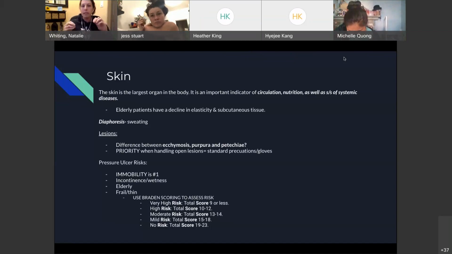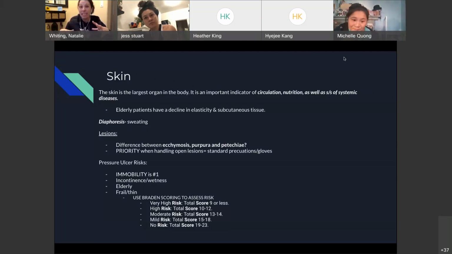Purpura is basically a leaking of the vessels, and this happens to elderly patients a lot. They'll start to get spots on them that are purplish blue, but smaller. It's not ecchymosis.